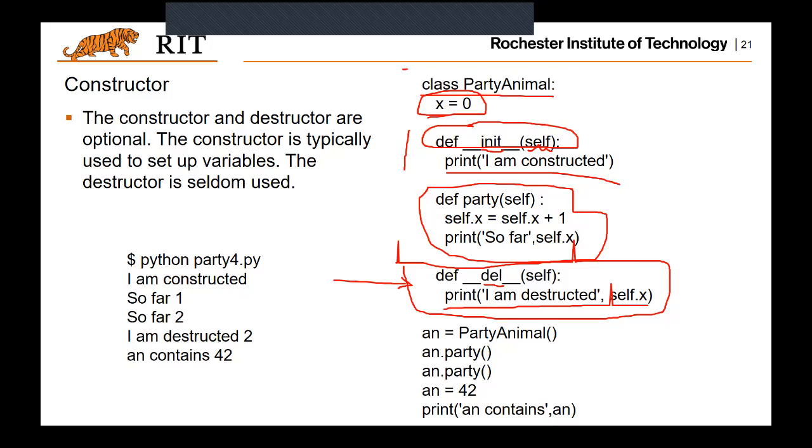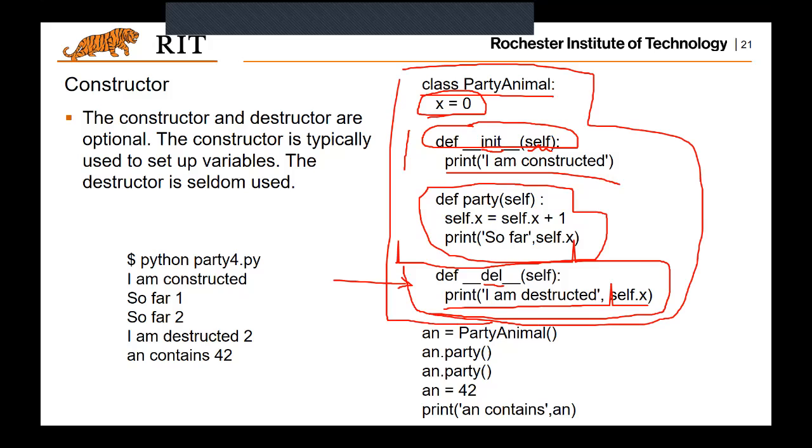So once you have this defined, actually you don't need to define this destructor or constructor explicitly. If you do not define anything, Python will call the default one. Python will do it for you, so you don't actually need to do it. The only thing you want to do is define self-defined methods like party.